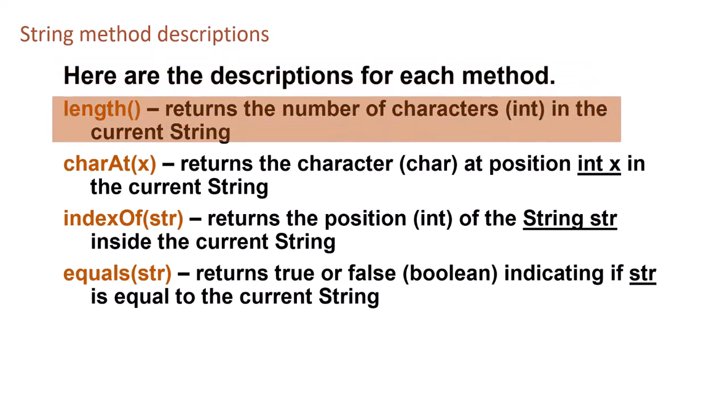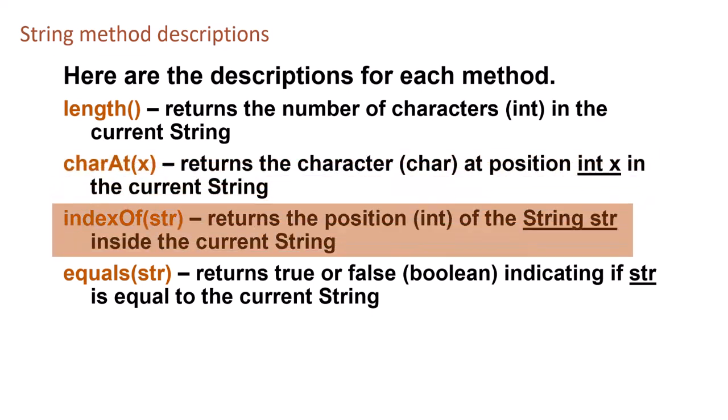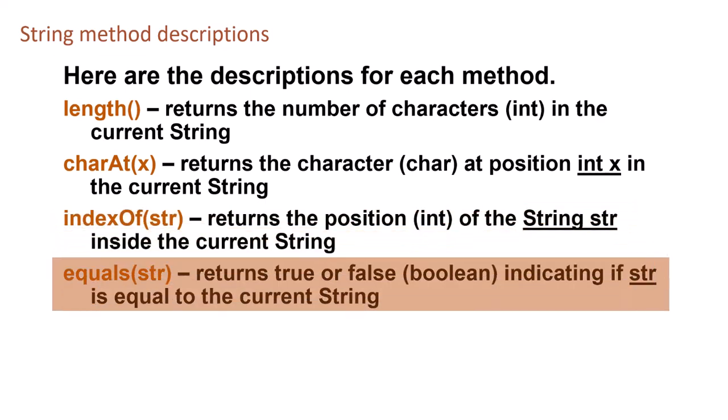Length returns the number of characters, an integer, in the current string. CharAt x returns the character of type char at position x in the current string. IndexOf with a string parameter returns the position, an integer, of the string str inside the current string. Equals with the string parameter returns true or false, a Boolean type, indicating if the string str is equal to the current string.